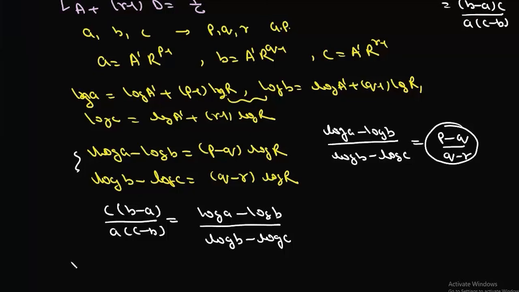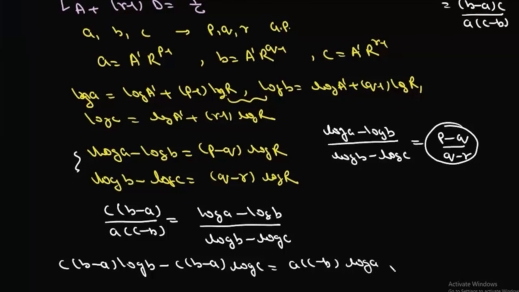Now we cross multiply, we can write c(b minus a) log b minus c(b minus a) log c will be equal to a(c minus b) log a minus a(c minus b) log b.